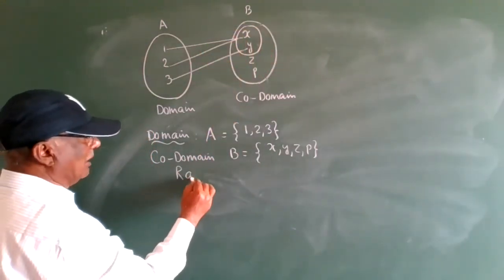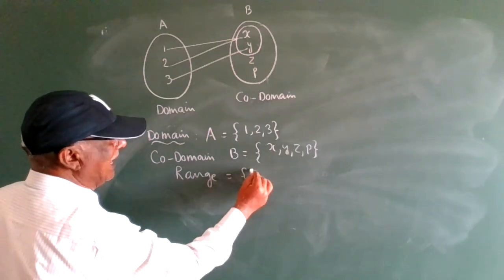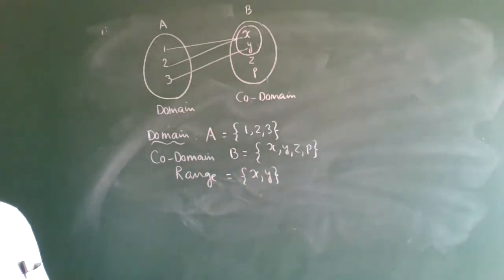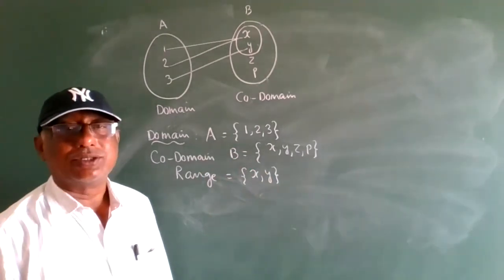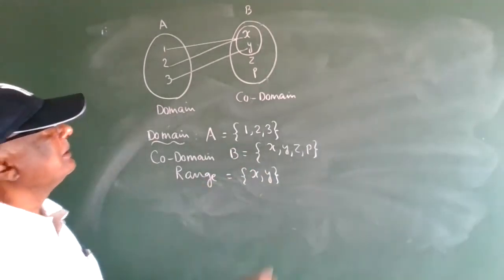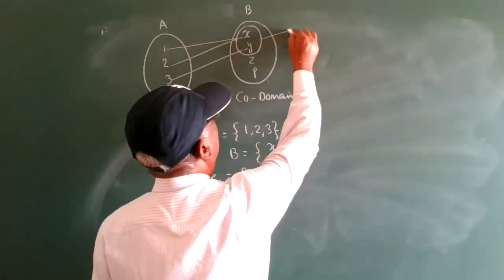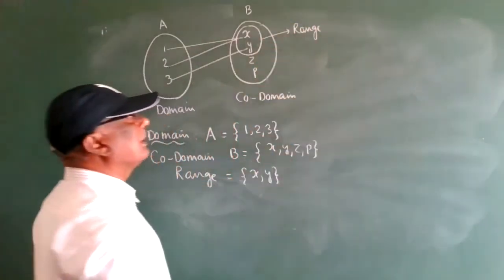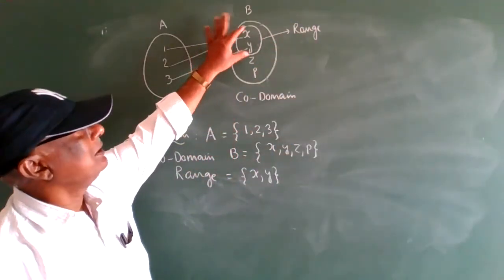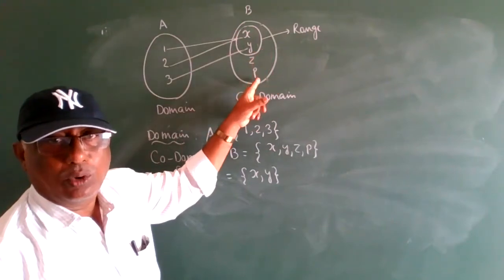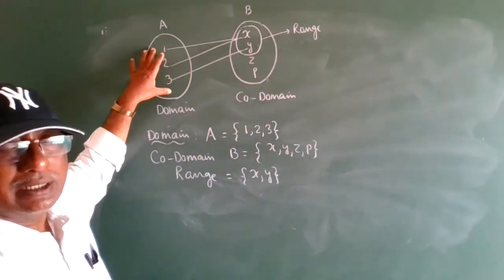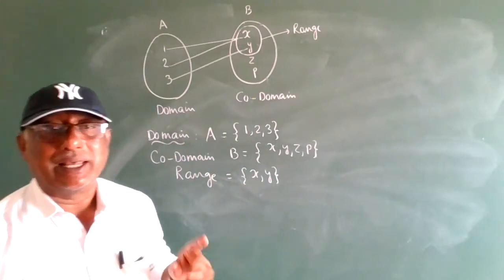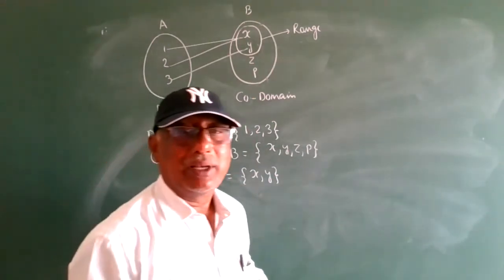Range is equal to X, Y. Only mapping elements are called the range. This part is the range. This total part is the codomain. This total part is the domain. Okay? Is everyone clear?